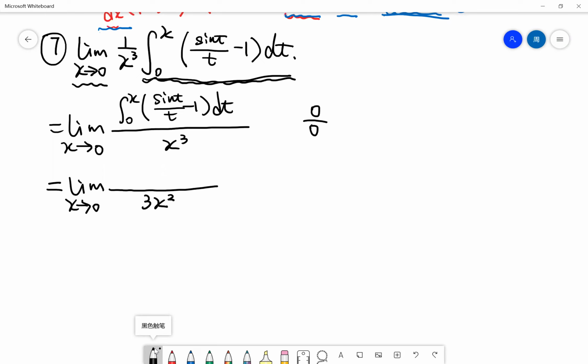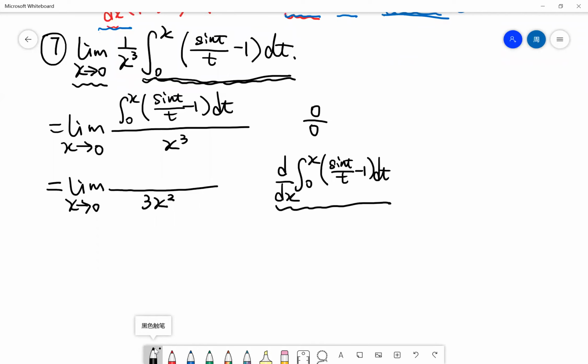X power 3 prime means 3x power 2. And here, from 0 to x, sine t by t minus 1 dt. If we want to calculate the prime, that means this type, right? And we have learned it just now.